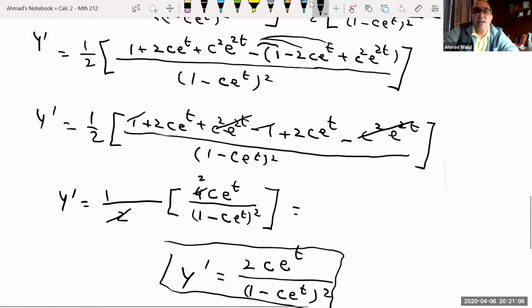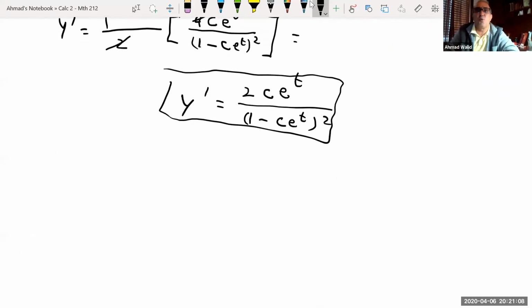It means that you showed that this given y equal to ce to the power of t over 1 minus ce to the power of t all squared is a solution, or one of the solutions, correct? It is one of the solutions of the given differential equation.